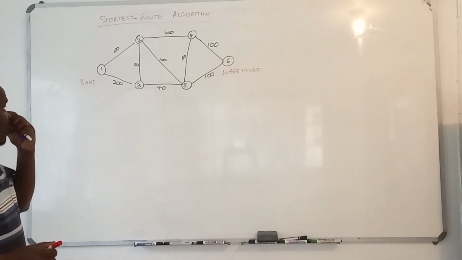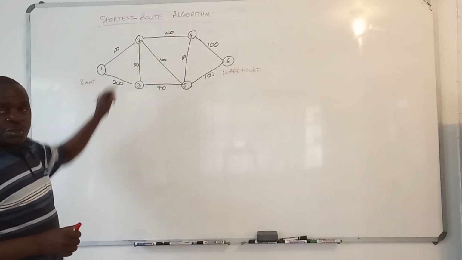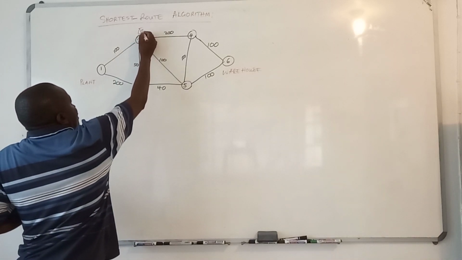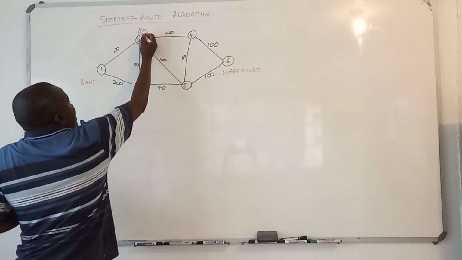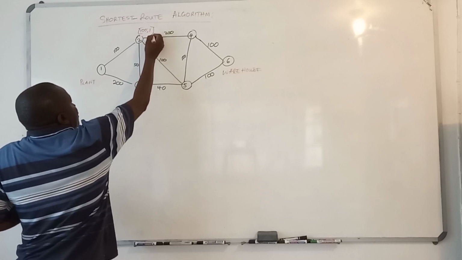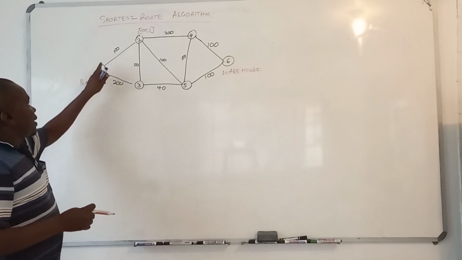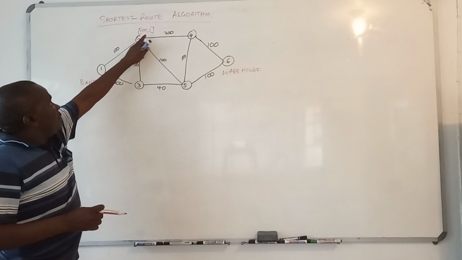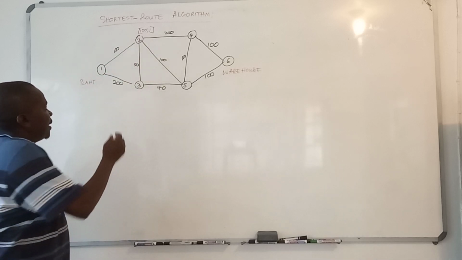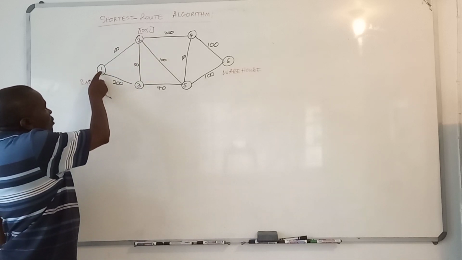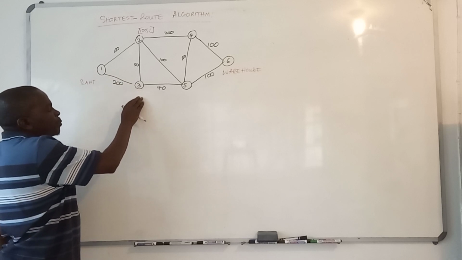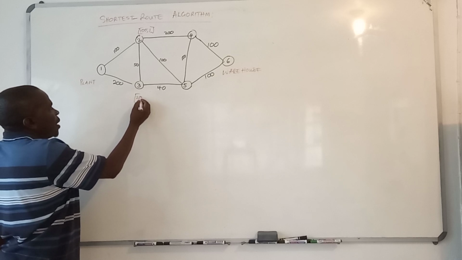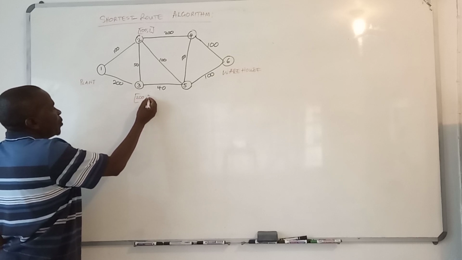When we opt for node 1 up to node 2, it implies that we will have utilized 100 units, and you put a 1 there to indicate that this route is worth 100, and we moved from node 1. If you take this route from node 1 to node 3, we are going to have this value here, which is 200, and we moved from node 1.